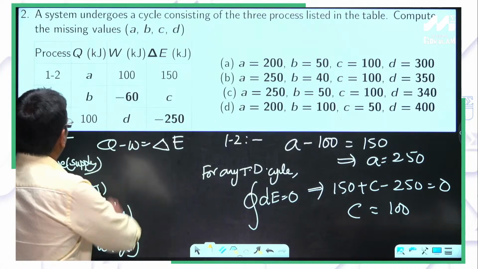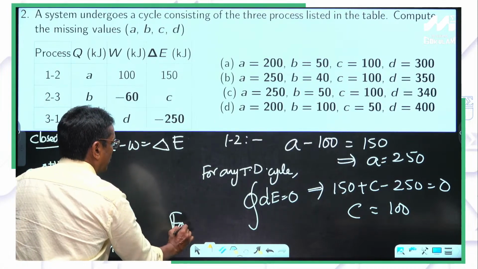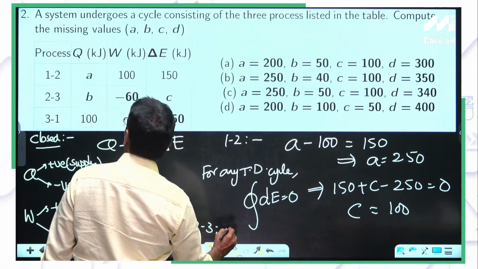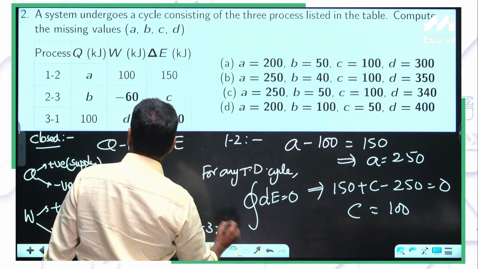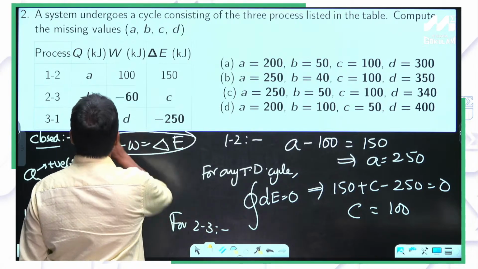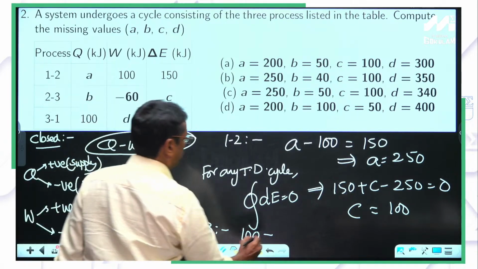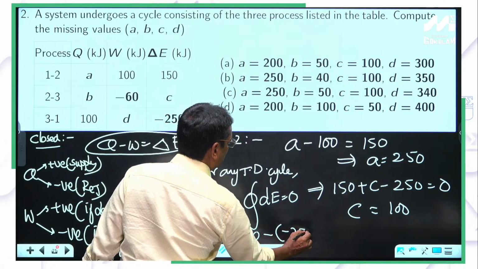For the 2 to 3 process, if you write Q minus W, what is the Q there? This is the formula I am writing. Q is 100, minus W, which here is D, is equal to delta E. Delta E is given as minus 250.